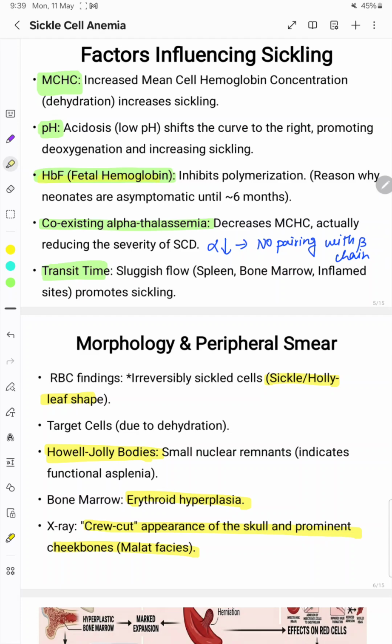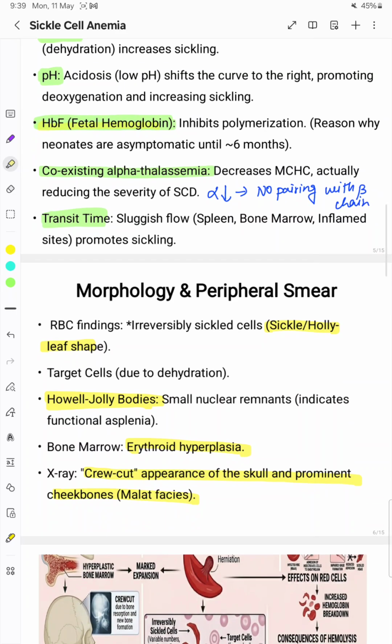Coexisting alpha thalassemia results in decreased MCHC, and that's why it reduces the severity of sickle cell disease. On the other hand, if the alpha chain is low, there is no alpha chain available for pairing with the beta chain, so ultimately it decreases the risk of sickling.